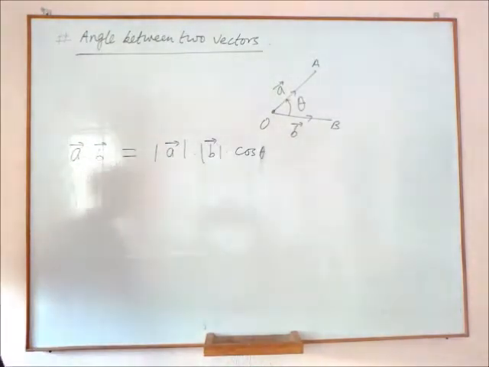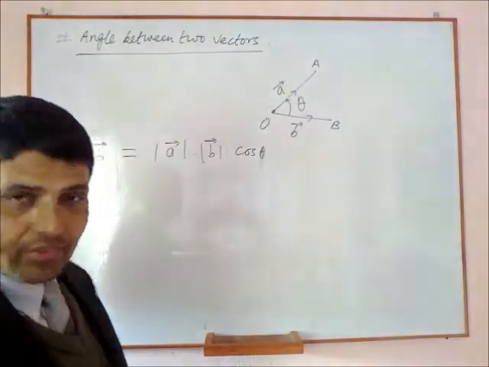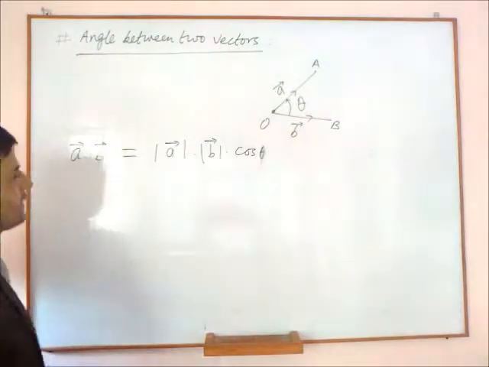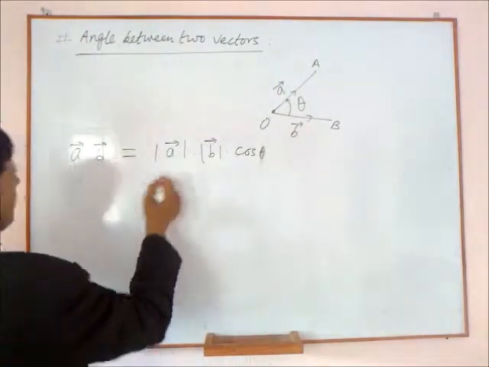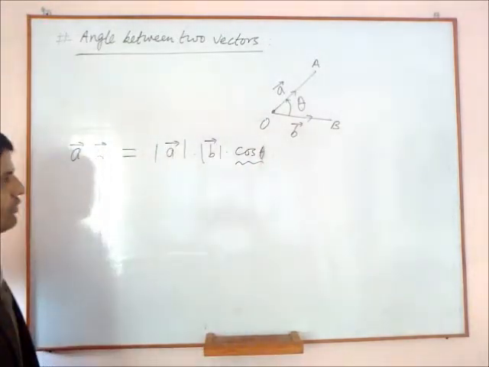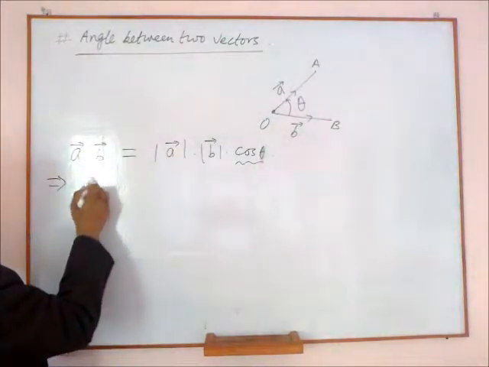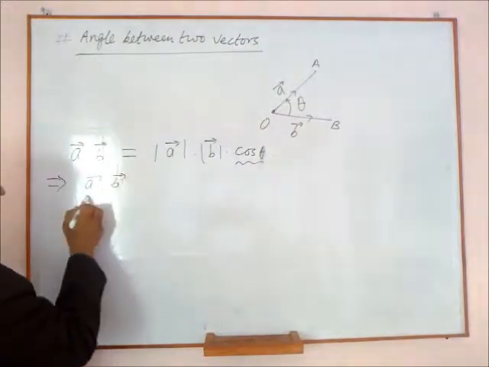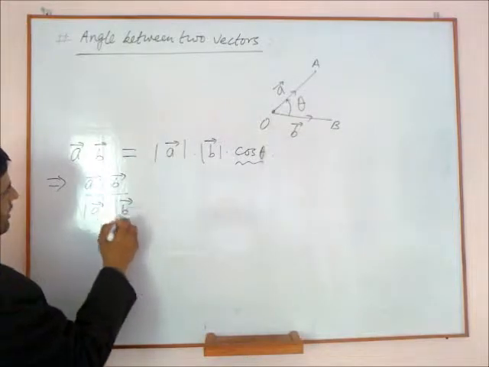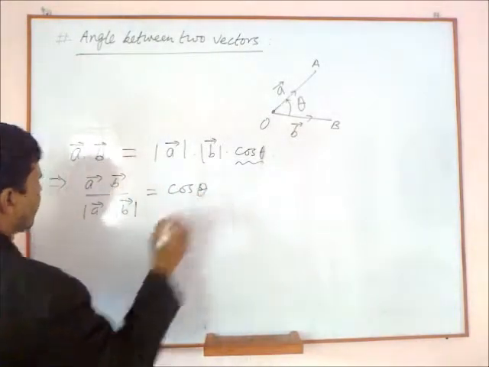From this, if we need to calculate the angle theta, we can change the order. So if we make this cos theta alone, this means A dot B divided by mod A times mod B equals cos theta.